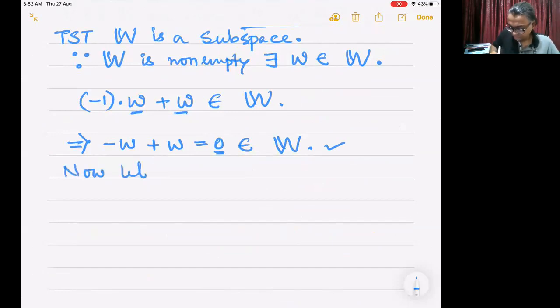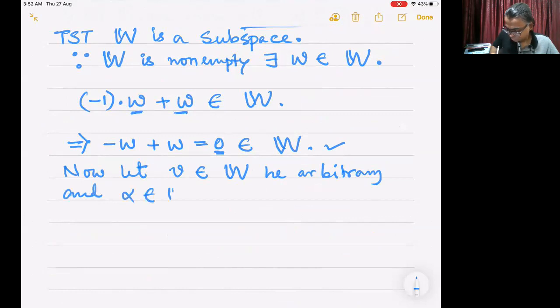Now, let V be arbitrary and alpha in F also be arbitrary.